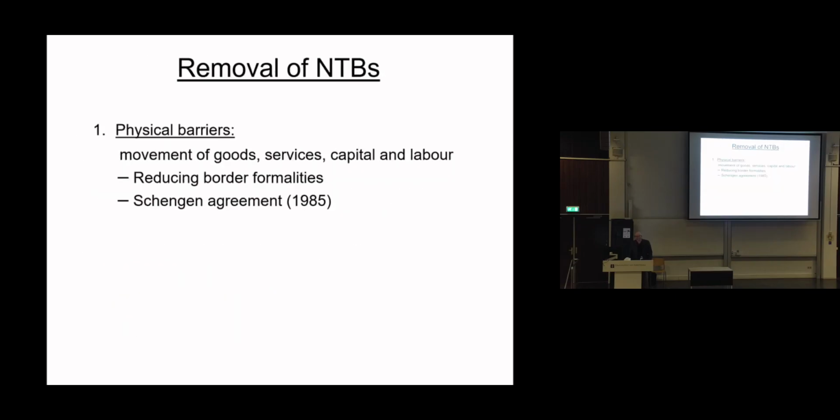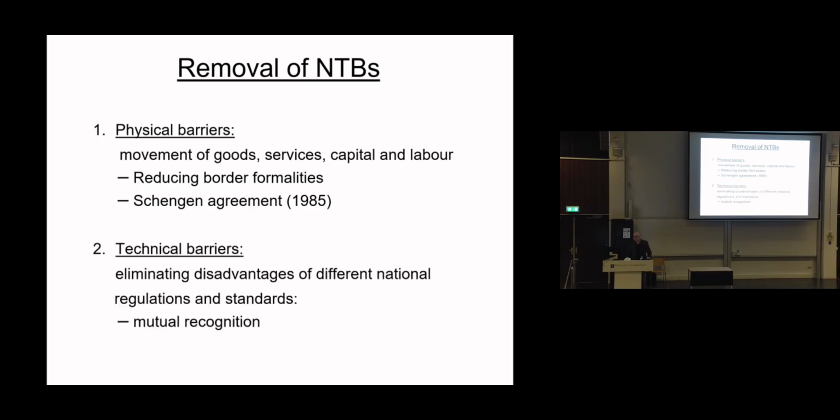Physical is about the free movement of goods, services, capital and labor, which was in the end accomplished with the Schengen Agreement, also in 1985, which basically guaranteed free movement of people across the Union. Technical borders, we already discussed that.